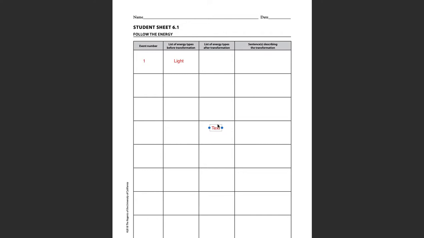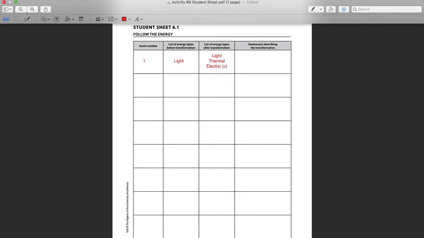And then after the transformation, that's where we had several. We still had light, being able to see the numbers on the calculator. We had thermal, and we had electric current. And that was card number 1.